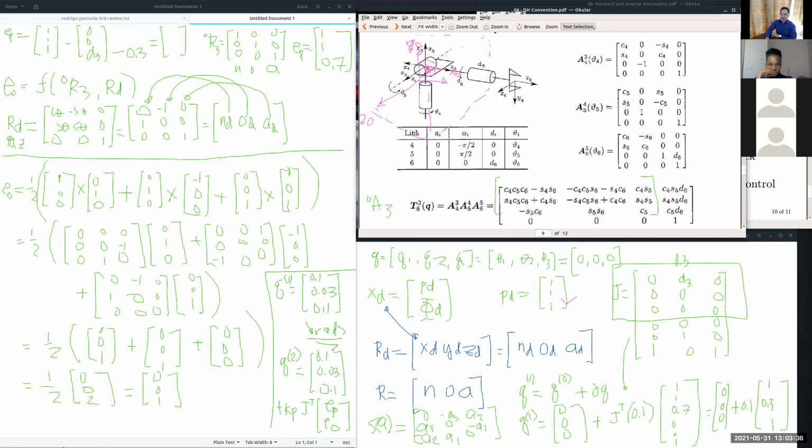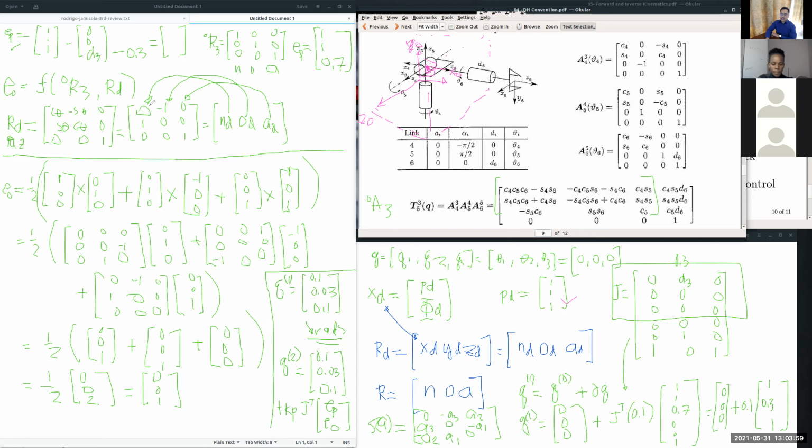To compute the error in the position, you follow the same procedure of your desired minus the actual position, and then the error in the orientation. You know your 0R3, which will be based on how your joint moves, and then your R desired remains the same, which is this one.